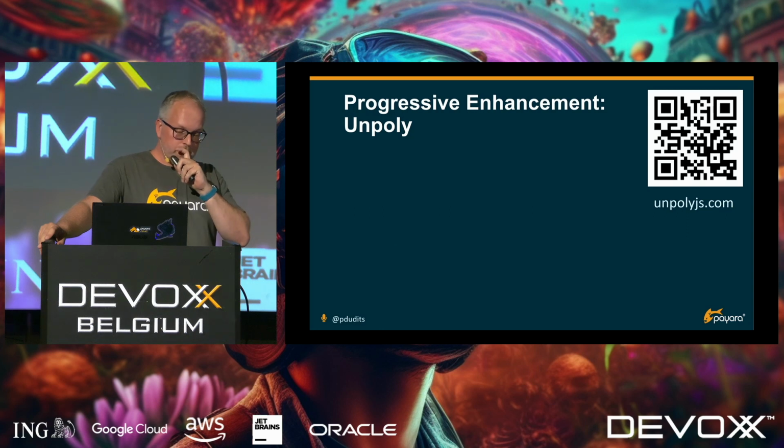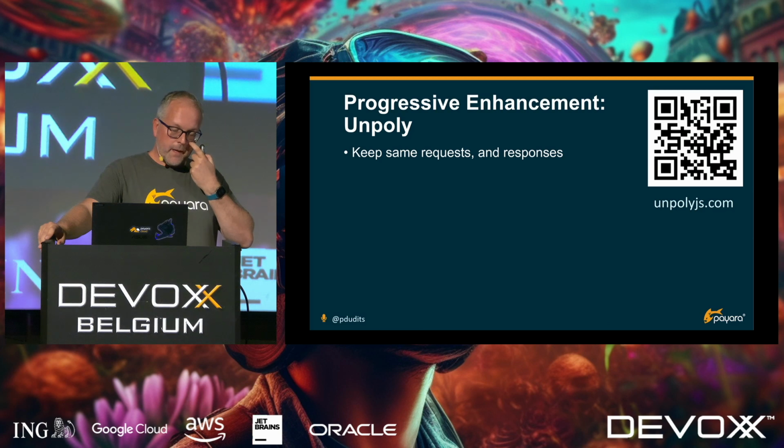The first one I will be speaking about is Unpoly, because I've got more experience in Unpoly, as that is used for the front end of Pyra Cloud. And the idea is that it serves you progressive enhancement, so you don't need to at first change your requests or responses.